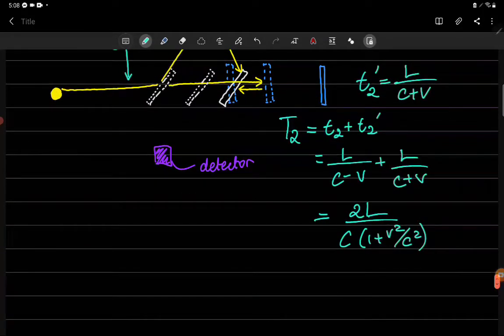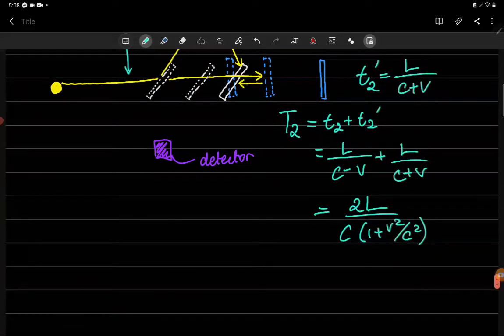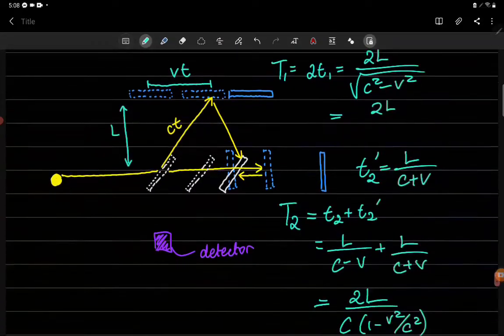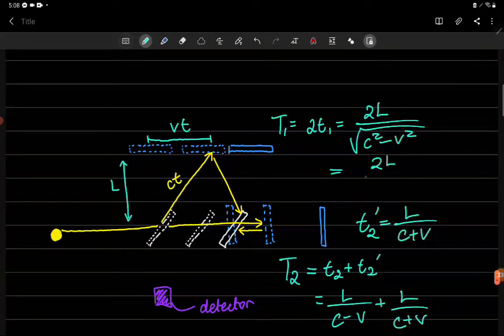And we might want to make this a little bit nicer. This is actually 2L on C, 1 minus V squared on C squared. And up here, this is the correct one, but perhaps we should rearrange it so that it's a bit nicer and comparable to this one down here.